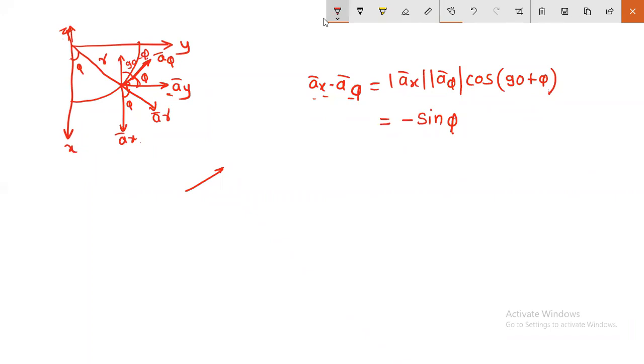Okay. So in this way you can find the angles.